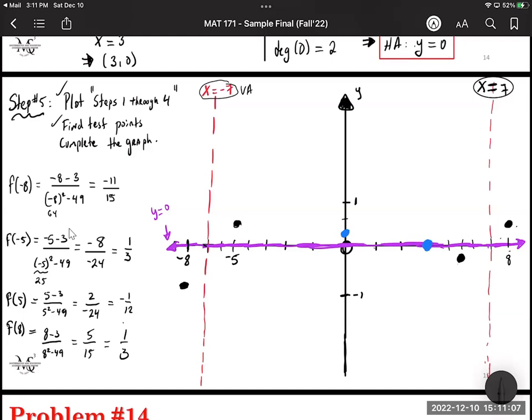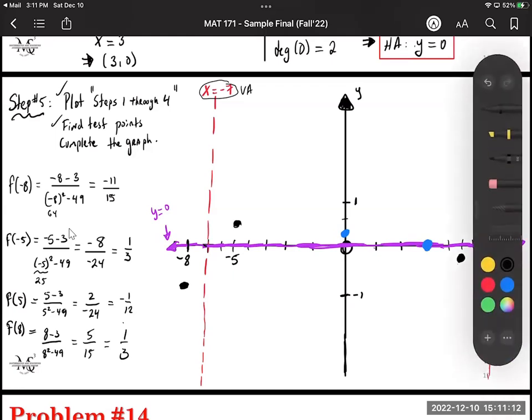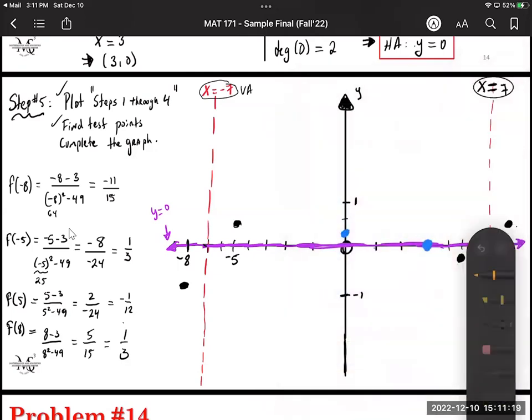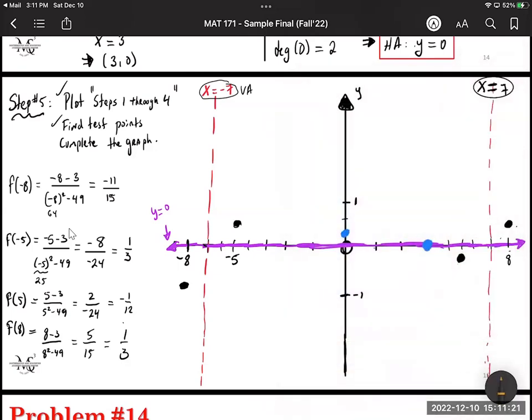Let's complete the left end and the right end of the graph first. Since the ordered pair we had for -8, that was (-8, -11/15), is trapped between the two asymptotes, as you're getting closer and closer to the vertical asymptote, it should be decreasing without bound. Why?